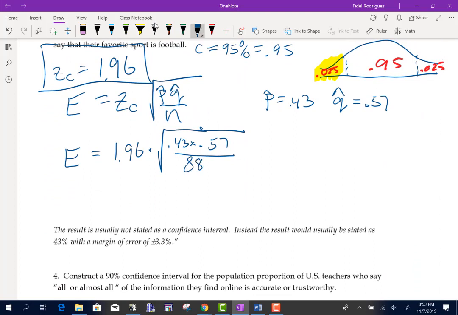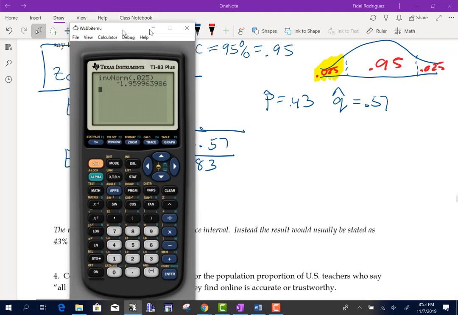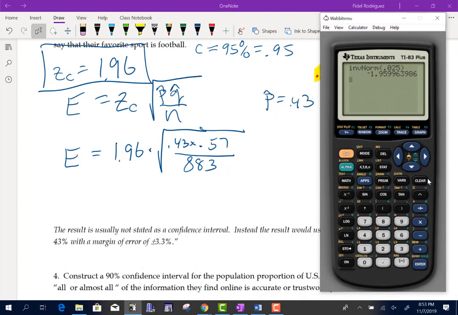Let me show you how you're going to do this on your calculator. First thing, clear it out. On my calculator, the first thing I would do is 0.43 times, what's the next number I'm going to multiply? 0.57. Equals, divided by 883.